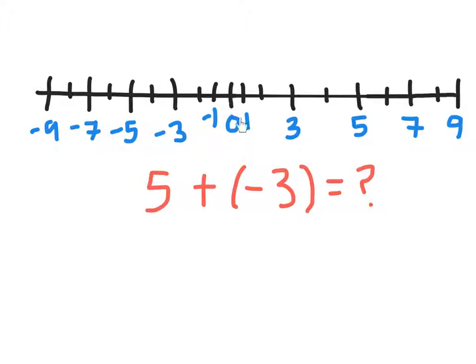So 1, 2, 3, 4, 5. Now we're going to go to the left 3 times because we are subtracting 3 from 5. 1, 2, 3. So that number right there is 2, and that is our answer. 5 plus -3 is 2.